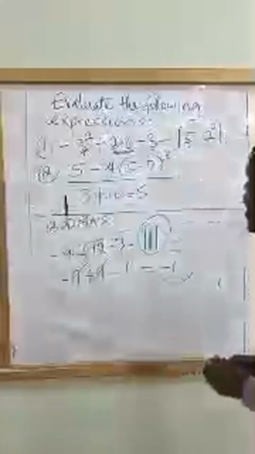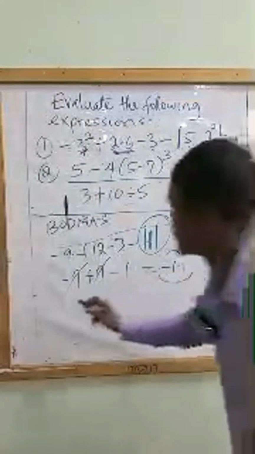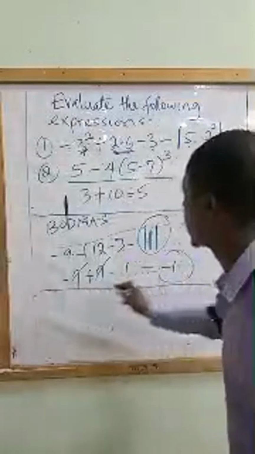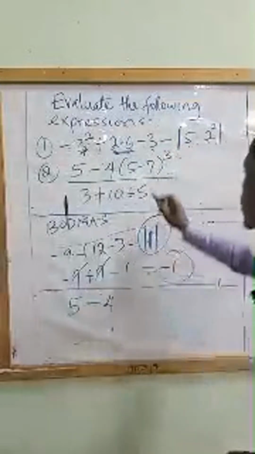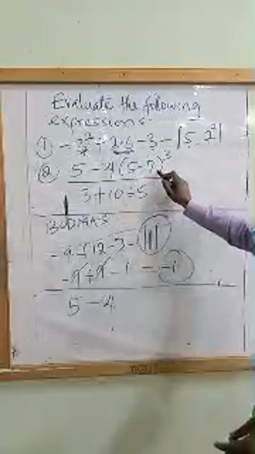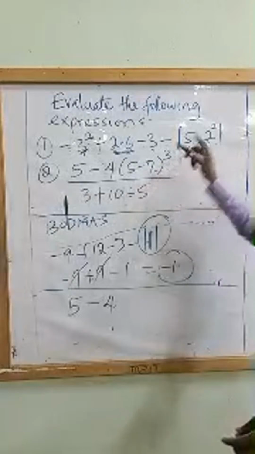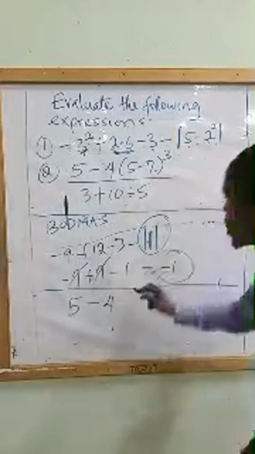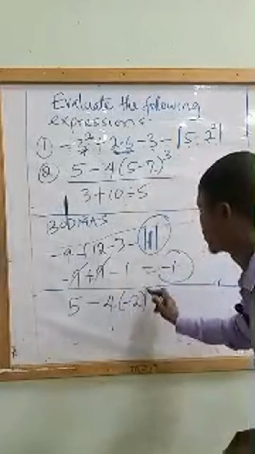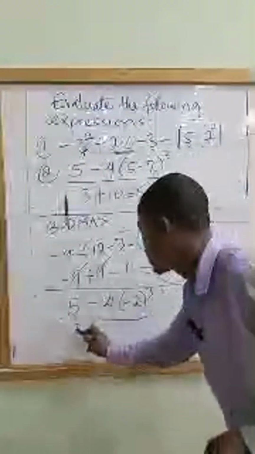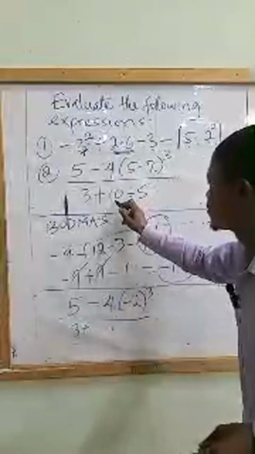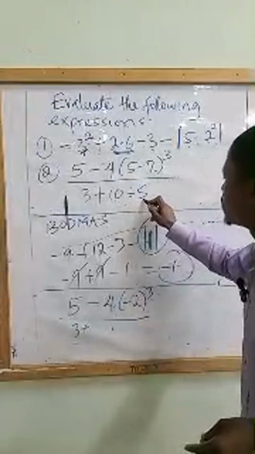The last question we have here, we have 5 minus 4. Here, 5 minus 7. 5 minus 7 is minus 2. So we're having minus 2 to the power 3, over 3 plus 10 over 5.